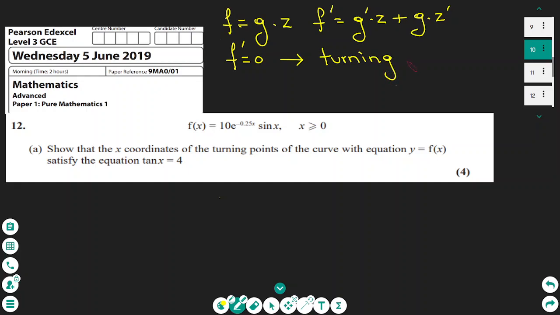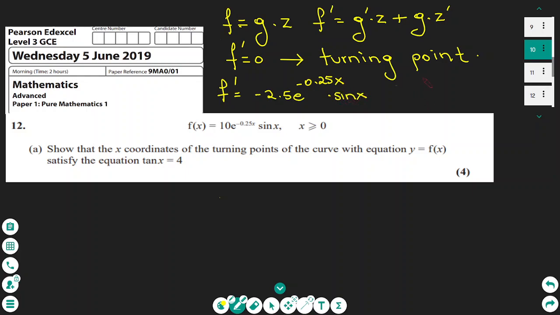Let's start differentiating the function f. The f' will be the derivative of the first function, e^(-0.25x), which gives minus 0.25 times e^(-0.25x), times 10 gives us minus 2.5e^(-0.25x), times sin x.